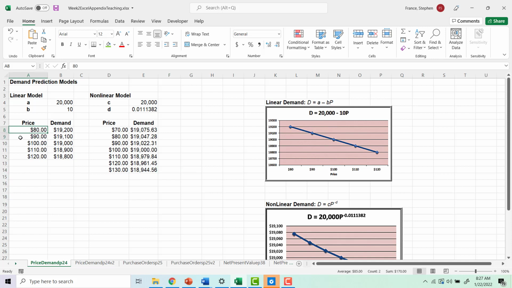We've got some input values and we calculate some output values. And we have to be very aware how we build this up. We're referring to the parameter cells, and we have to have the dollar, so those don't change when we drag it. And we multiply by the price value.